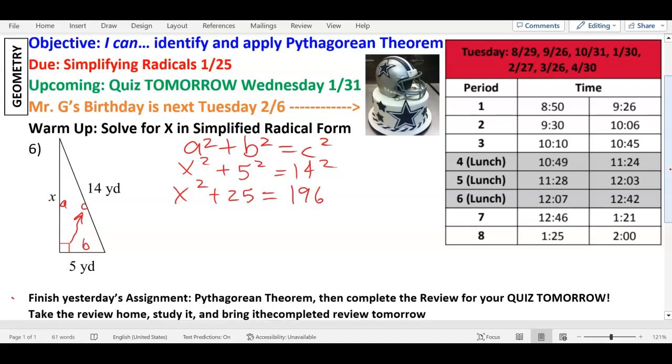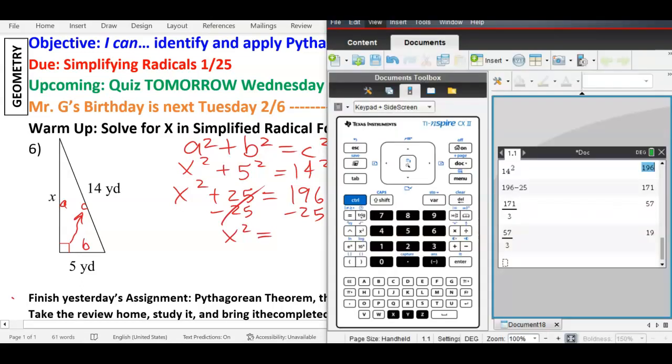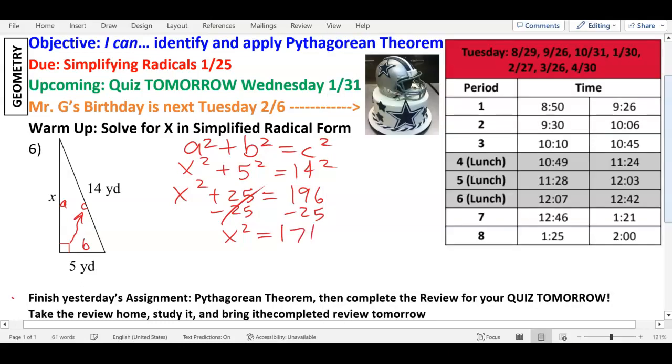So if I want to solve for x, I got to get rid of this plus 25. How do I get rid of a plus 25? Minus 25. So minus 25 here, minus 25 here. So I get x squared equals 196 minus 25 is 171. Okay, now that's x squared equals 171.